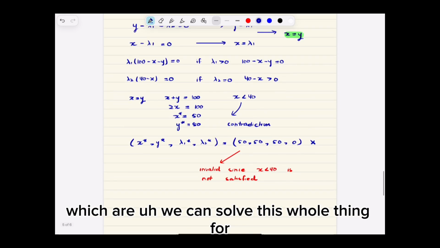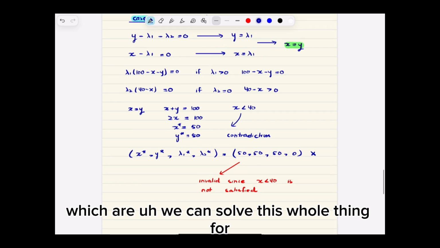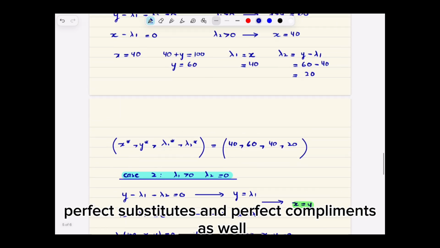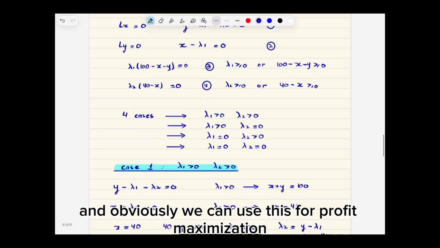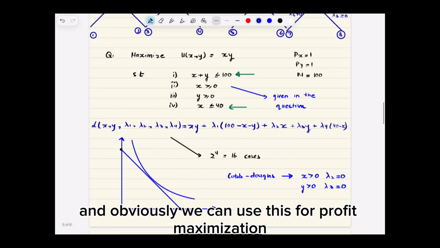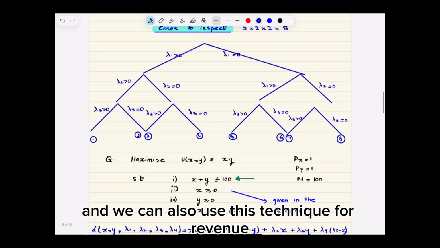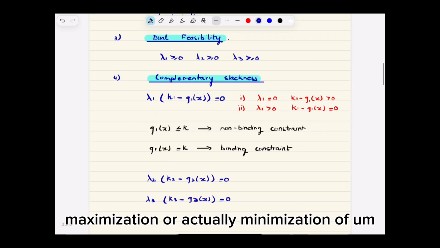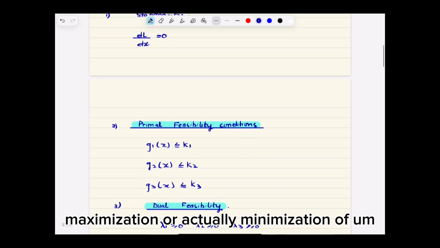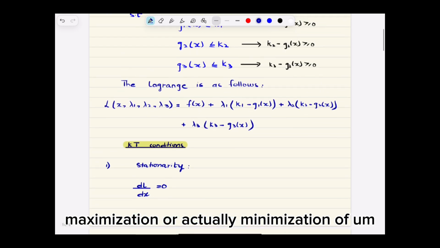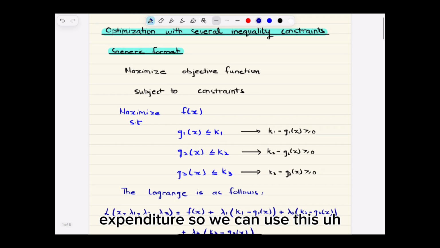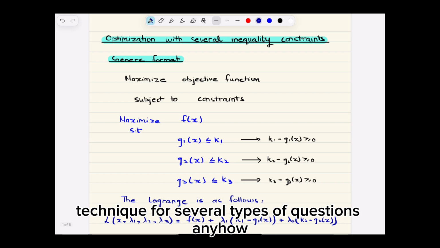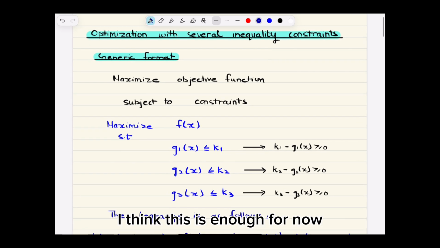We can solve this whole thing for perfect substitutes and perfect complements as well. And obviously we can use this for profit maximization, and we can also use this technique for revenue maximization, or actually minimization of expenditure. So we can use this technique for several types of questions. Anyhow, I think this is enough for now.